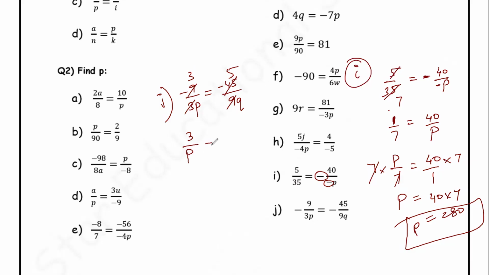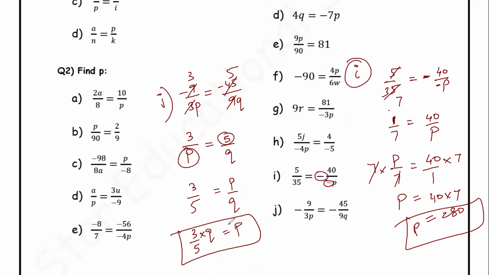So I've got 3 upon P is equal to 5 upon Q. I'm going to interchange these two places. So I've got 3 upon 5 is equal to P upon Q. Then I take Q to the other side, simply multiplying Q on both sides. So P is 3Q over 5.